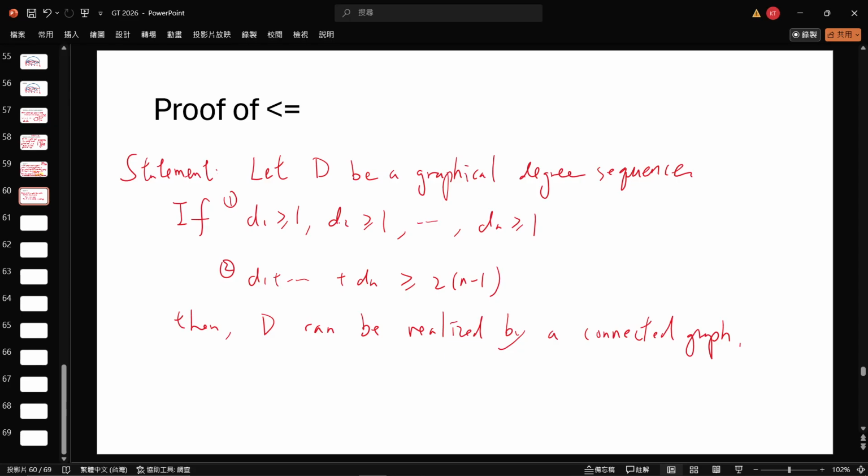Because D is graphical, we know that we have some graph G that can realize D. The reason we can write this down is because D is graphical, which is our assumption.